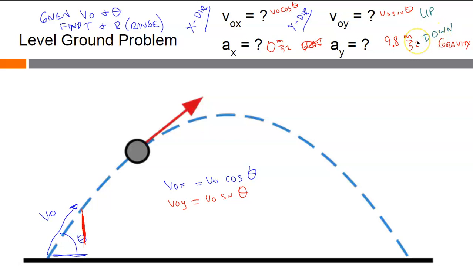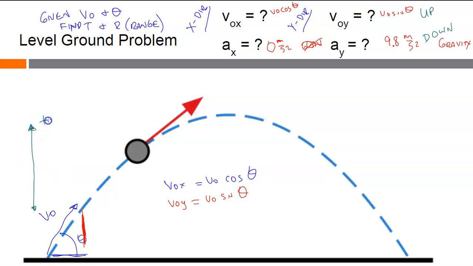You can handle that any way you want to, but I'm going to come in here and draw a vertical coordinate system like so. Everything that points up needs to be one sign and everything that points down needs to be the opposite sign.